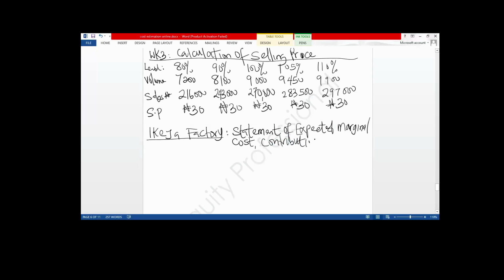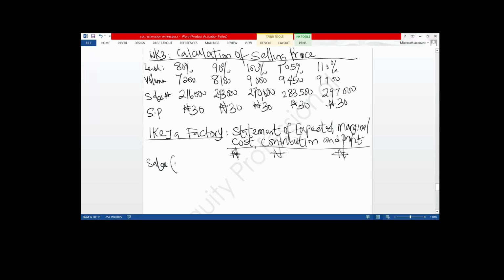Contribution and profits. All right. Let's maintain 3 Naira signs. You start with your sales value.